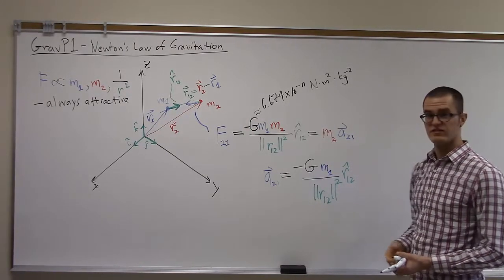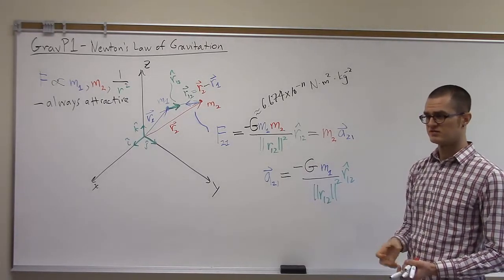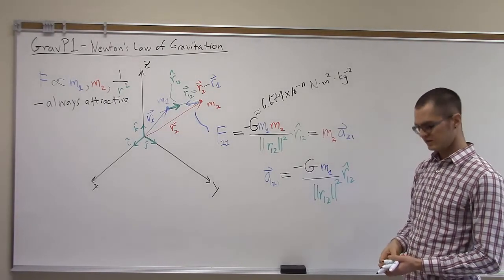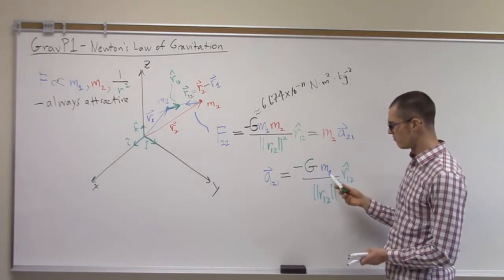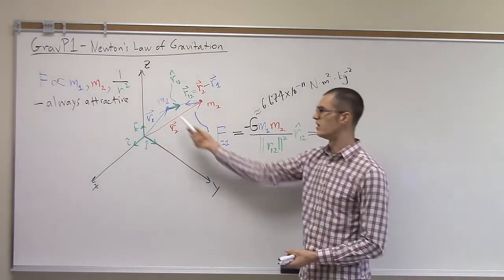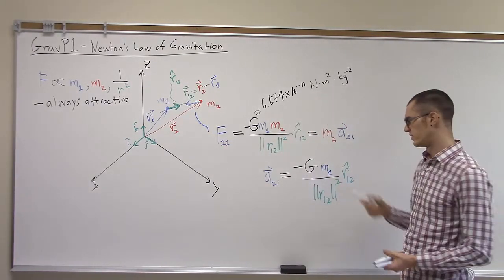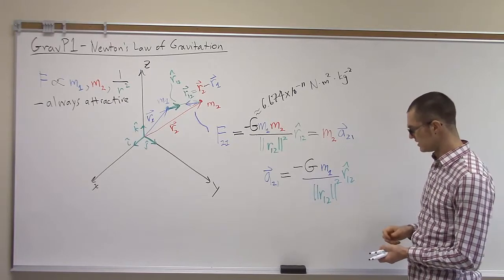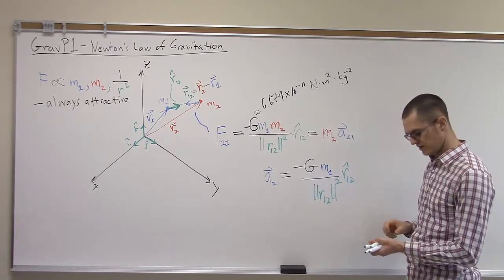In gravity surveys, what we're interested in is the acceleration of objects towards the Earth. So at the surface of the Earth, we have that m1, the object that's doing the attracting, is the Earth. So that's the mass of the Earth. And the radius here, if we're at the surface of the Earth, is the radius of the Earth.